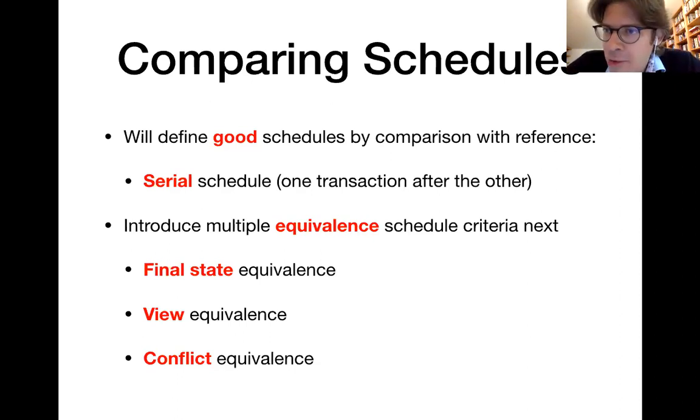And conflict equivalence means that if you have pairs of steps in one of those schedules which conflict with each other, because for instance both steps change the value of the same object in the database, then we have those operations appear in the same order when comparing those two different schedules. So this is an overview. Now we're going to discuss those criteria in more detail.